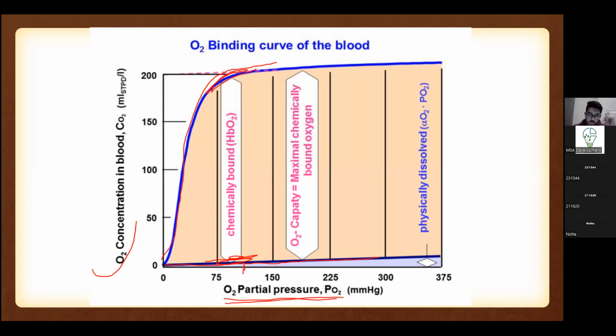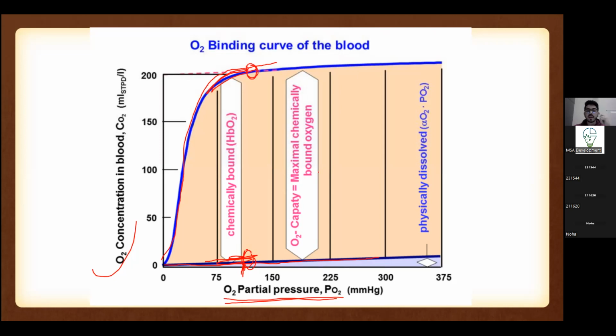At the partial pressure of 100 here, the difference between the two graphs, the total oxygen and the physically dissolved, is going to become constant, which means that the amount of chemically bound is going to become constant. Why does that happen? It happens because at that point, all the possible binding sites for oxygen are full. There are no places for oxygen to bind.